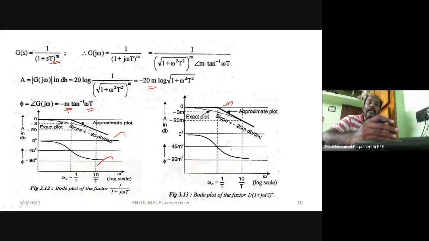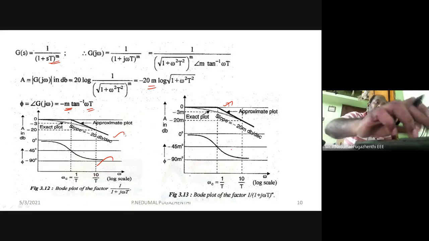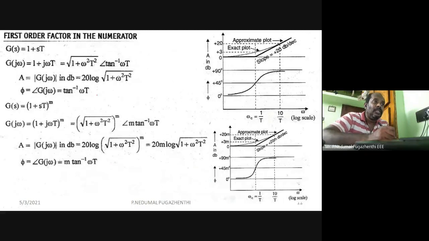The same way, you can think about a factor in the numerator also. If you have a first order factor in the numerator, then obviously 1 plus sT is the factor. So your magnitude is this and phase angle is tan inverse of this. To convert that, you normally put it like 20 log of that factor. And if it is of higher value, then you put m into 20 log of that.